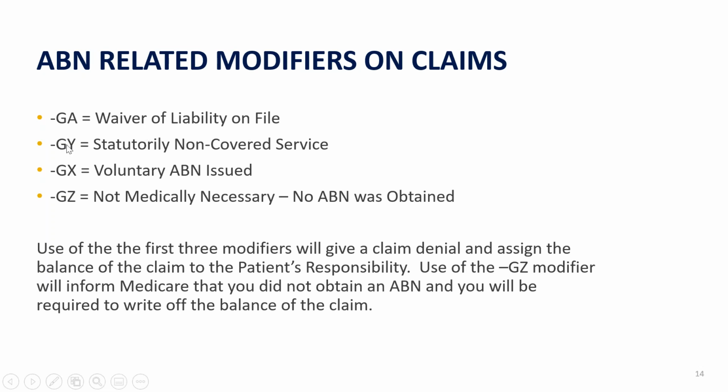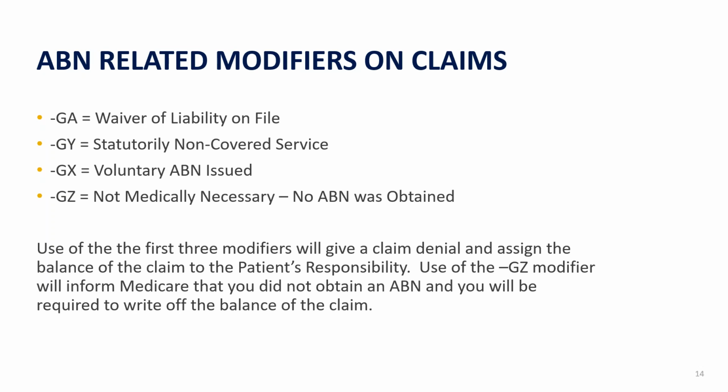A GY is when you bill Medicare for statutorily non-covered services, and sometimes you have to do that because a patient may have something called a true secondary plan in which Medicare might not cover the service, but their secondary might. That is not a Medigap plan, because a Medigap plan usually follows the Medicare guidelines, and if Medicare doesn't cover the service, the Medigap doesn't cover the service.